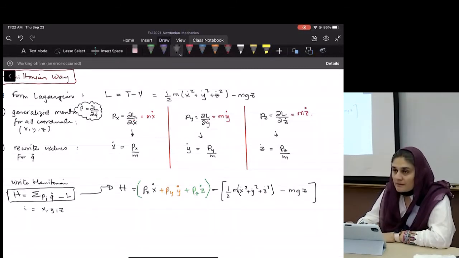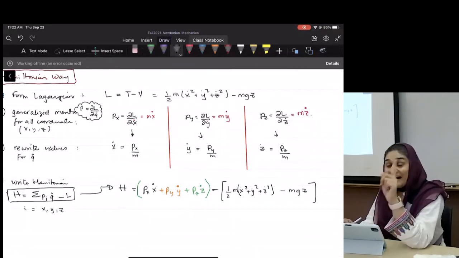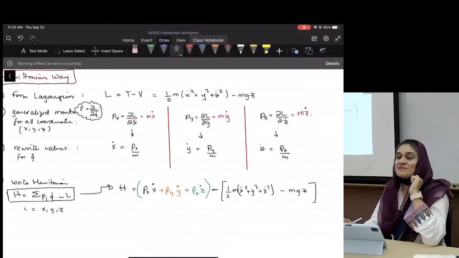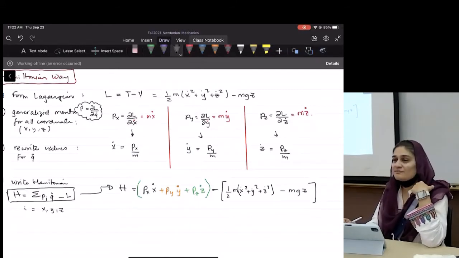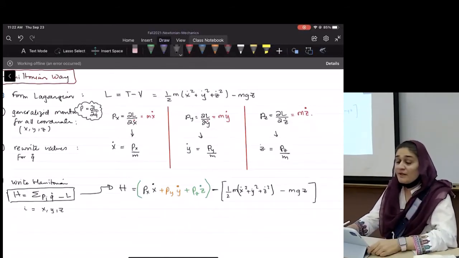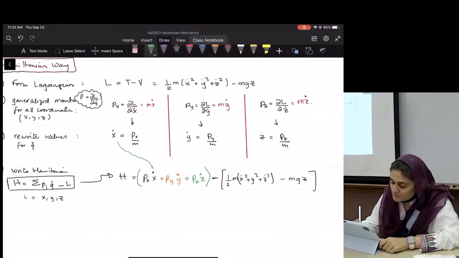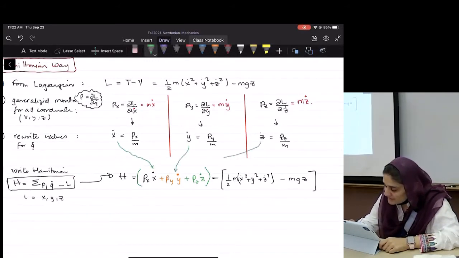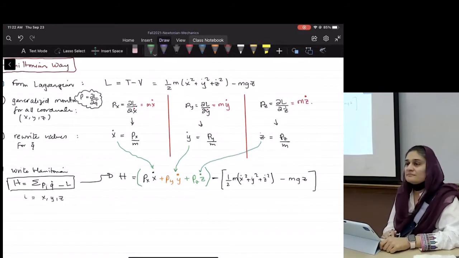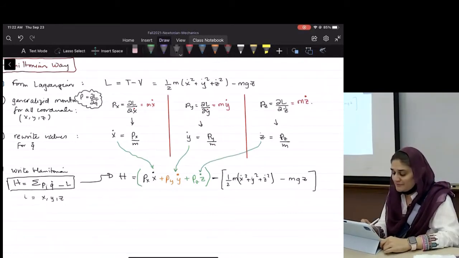So it had to be in terms of Qi and Pi. Excellent point. Is this in terms of P and Qs? Okay, so something has to happen. And that's what we're going to do now. I have to replace these here. What will we be left with?